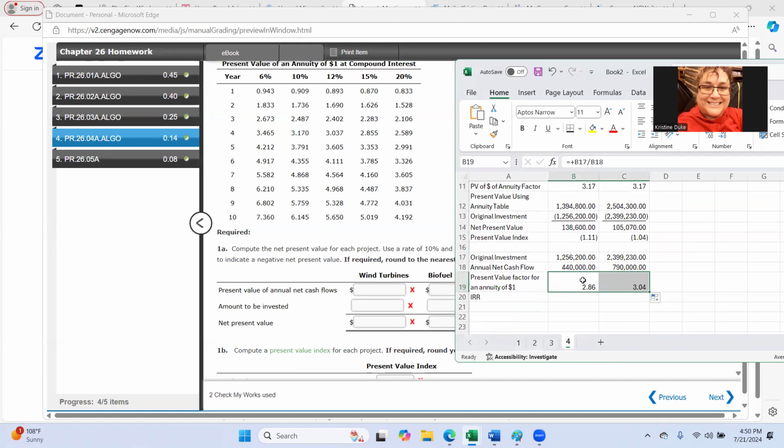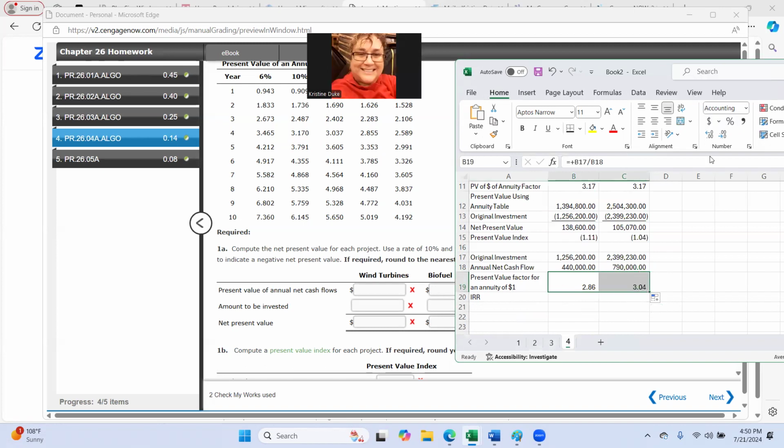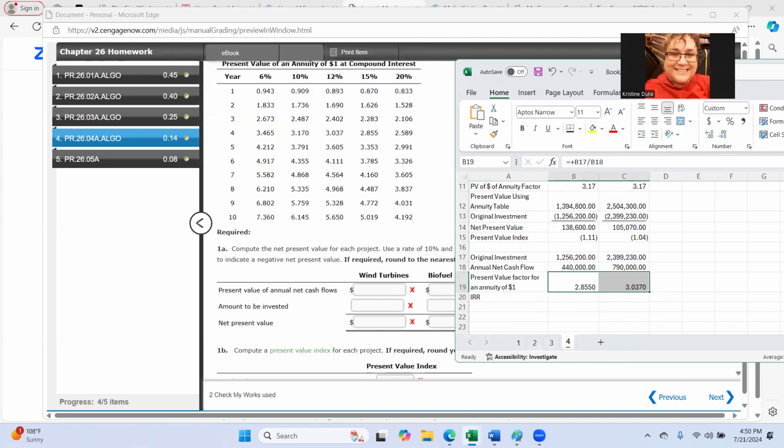Now here's what we need to do. We know it's 4 years. So here we go, 2.86. I could theoretically move these out just a tad. Okay, so you can see where I'm heading with this. We're supposed to go to this annuity table and 4 years, and we're supposed to look to see if we can find a factor that looks very similar.